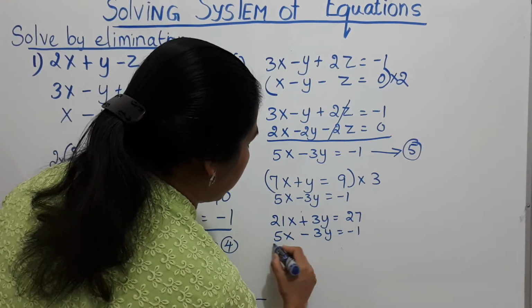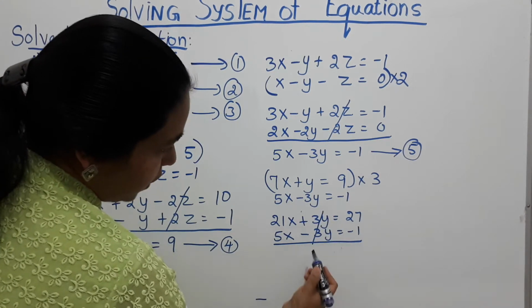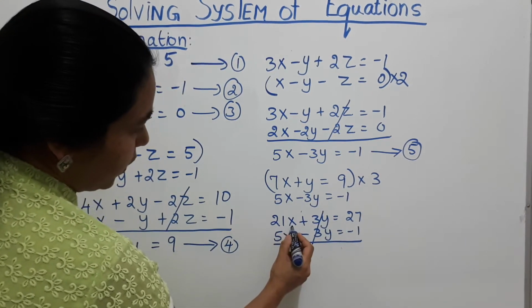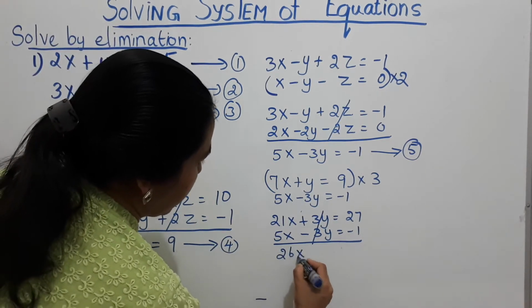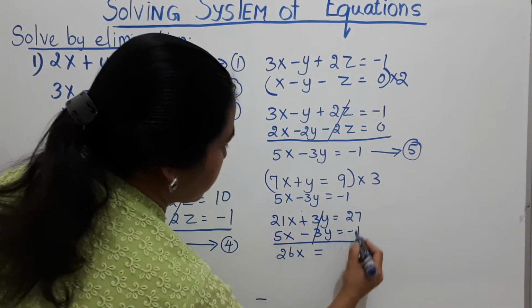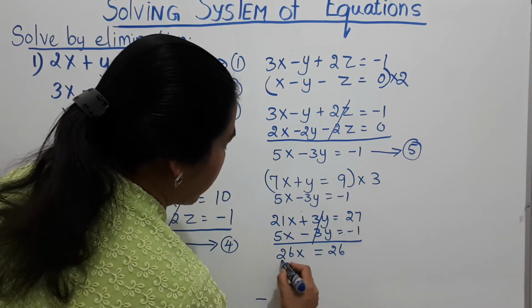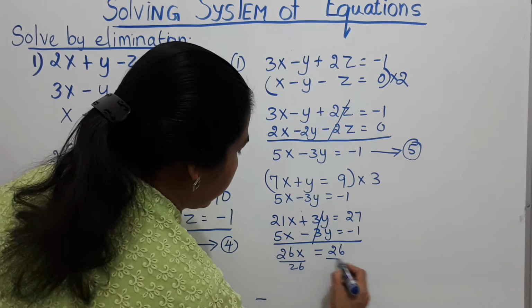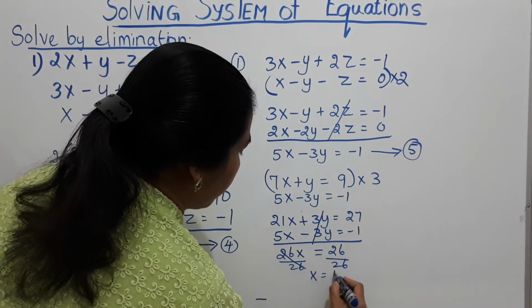When you add both equations, y is eliminated: 21x plus 5x is 26x equals 27 minus 1, which is 26. Dividing both sides by 26, x equals 1.